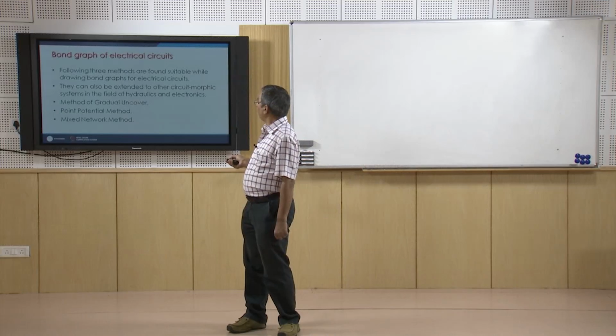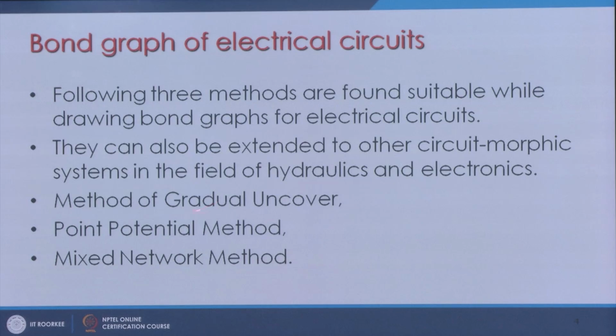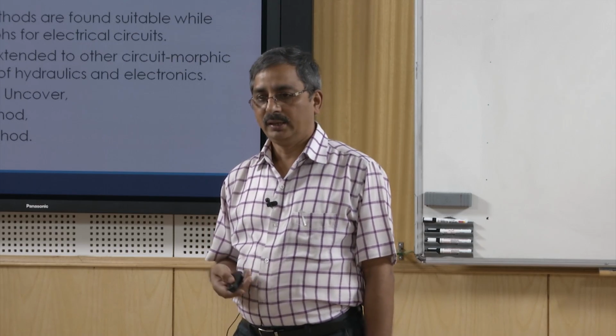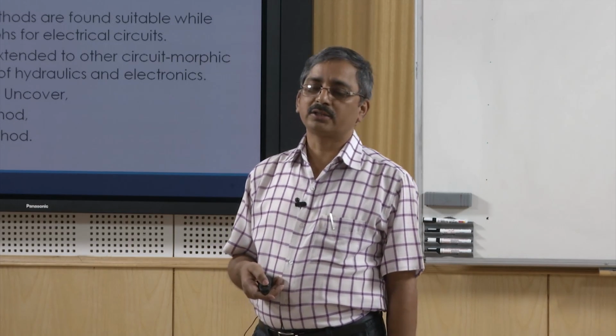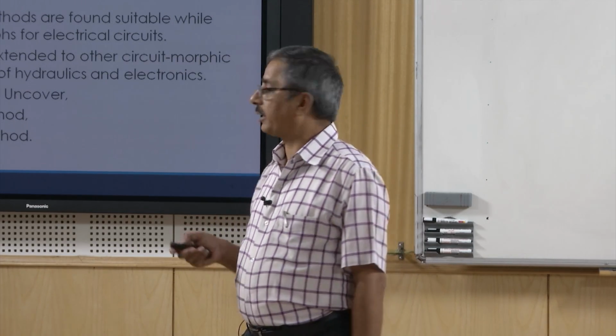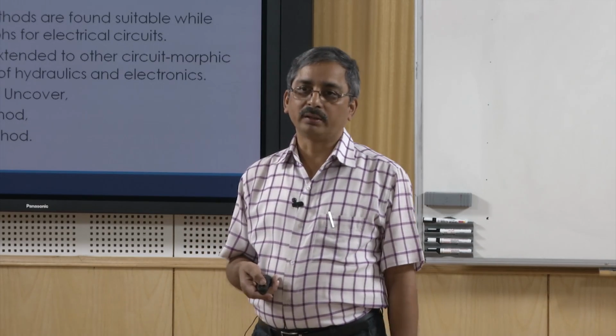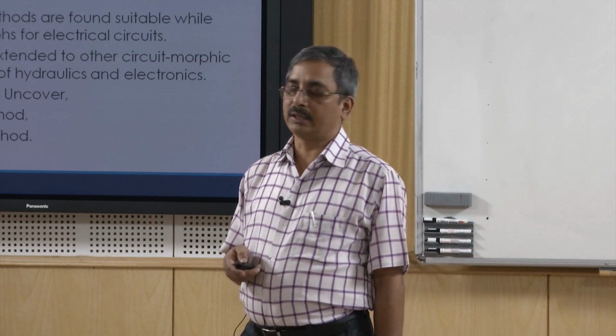And these methods can also be extended to circuit-morphic systems, say in the field of hydraulic systems or electronic systems. I am not going to discuss hydraulic and electronic systems here in this course. Those who are interested can read our book on modeling of mechatronic systems.